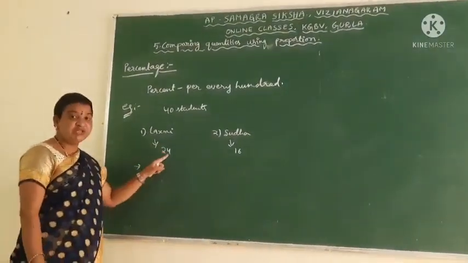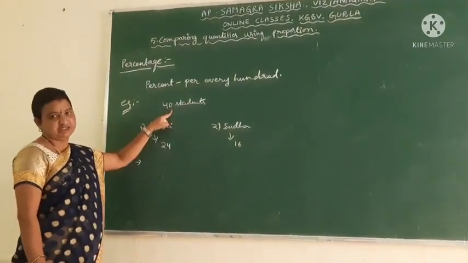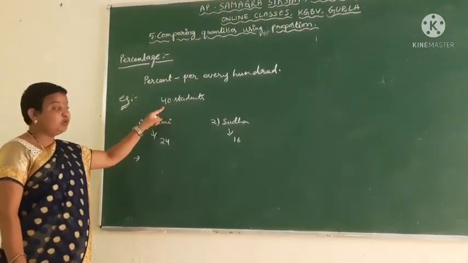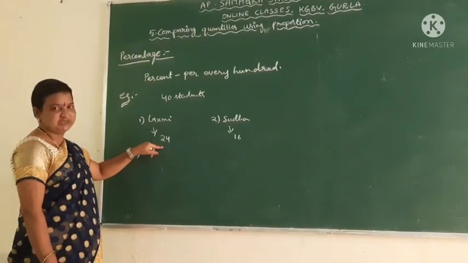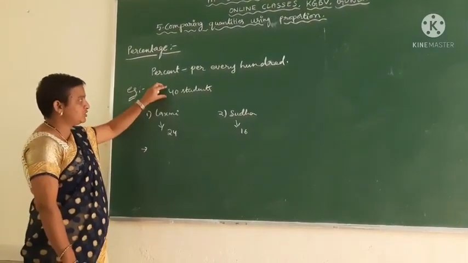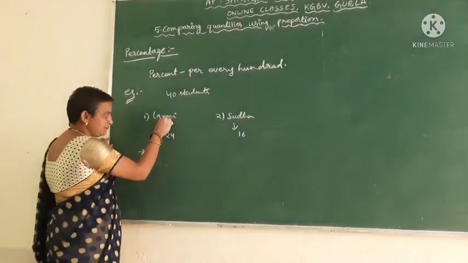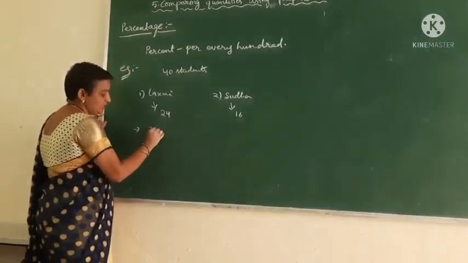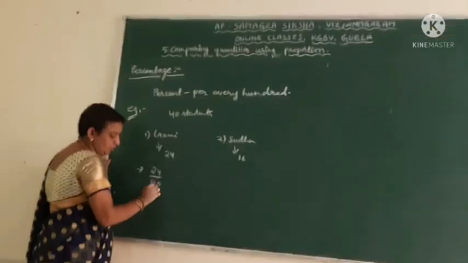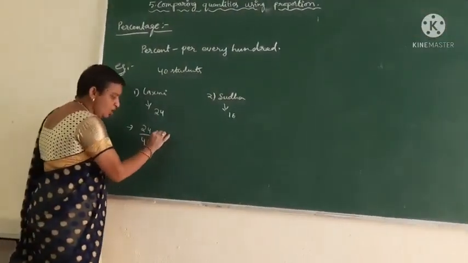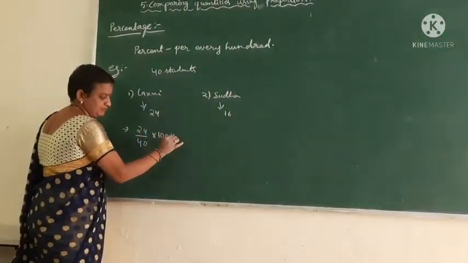Lakshmi got 24 votes out of 40 students. So the percentage of Lakshmi is 24 by 40, total students 40, into 100%.